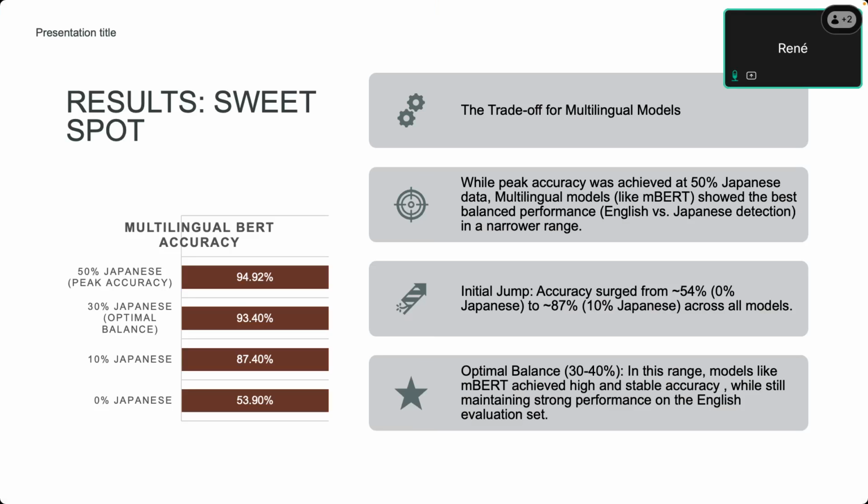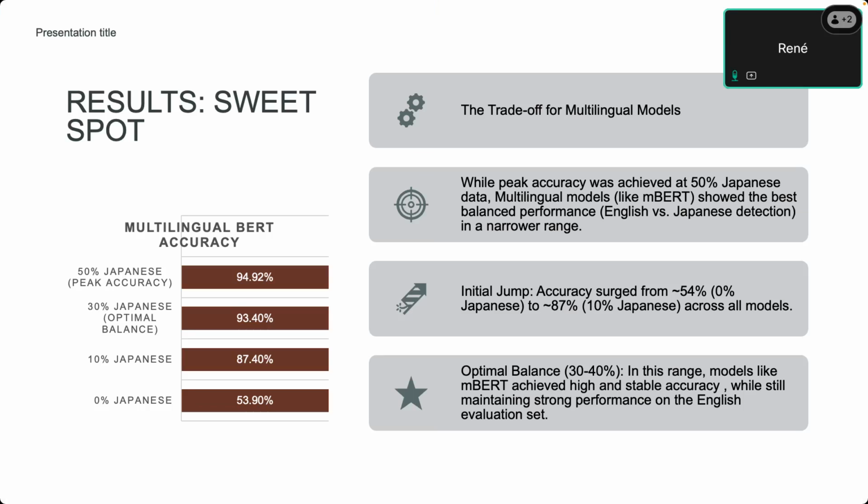There was an initial jump from 54% to 87% when we changed the ratio from 0% Japanese to 10% Japanese in the dataset. And this was across all models, which tells us that multilingual models and Japanese models are able to understand the patterns with just a little bit of the data. That's more than enough in most cases.